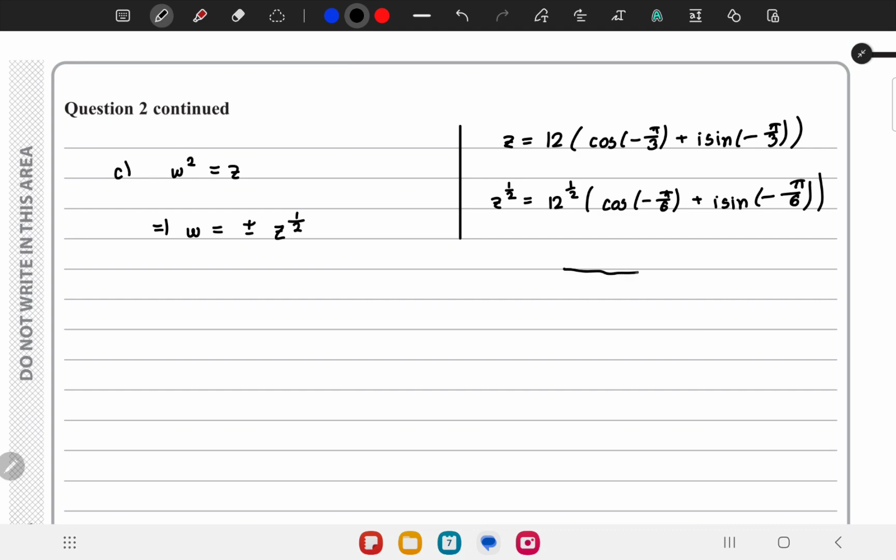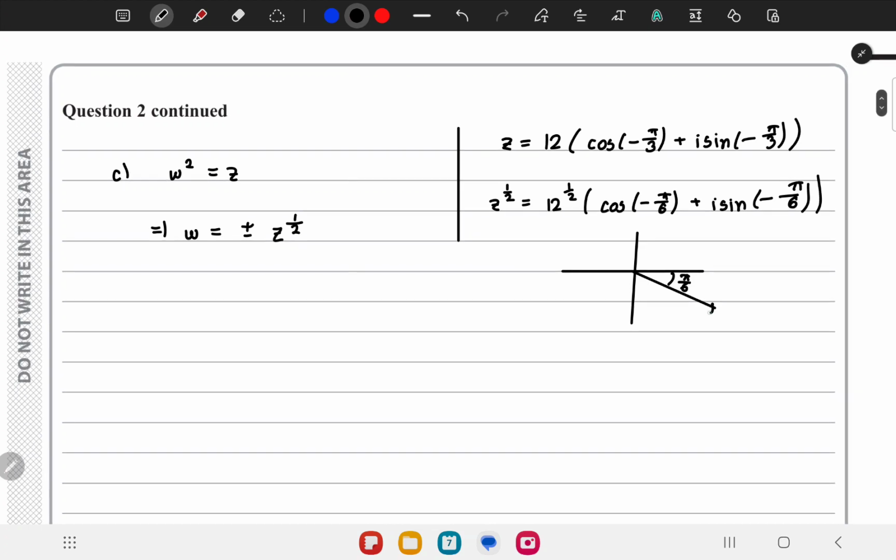If we visualize this, a clockwise rotation of pi by 6 and a magnitude of root over 12. So the real component would be root 12 cos pi by 6 and the imaginary component will be root 12 sine pi by 6.